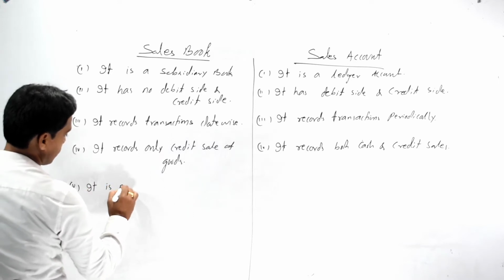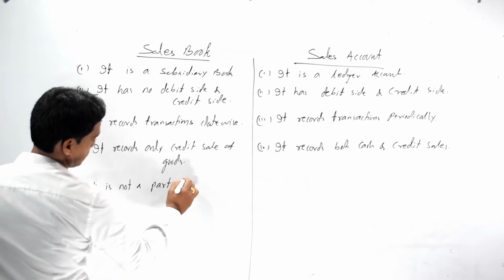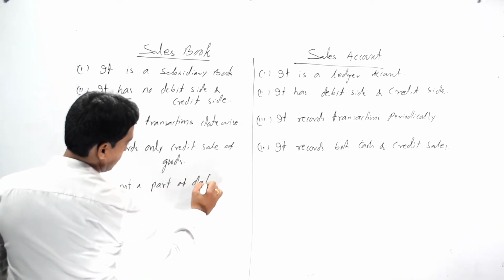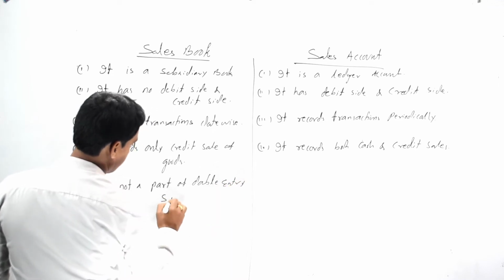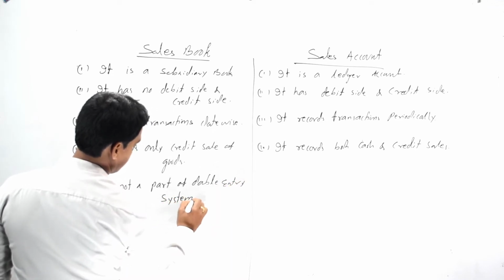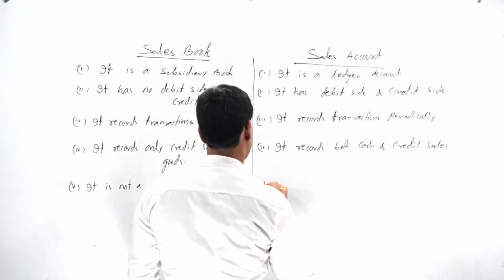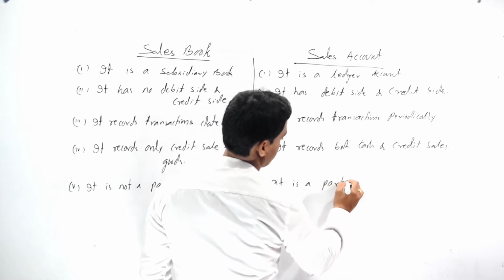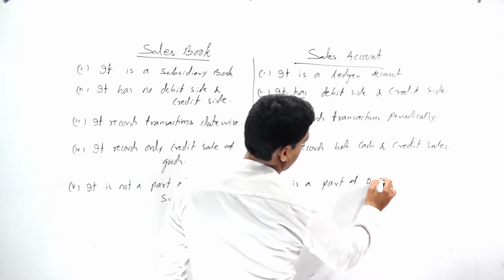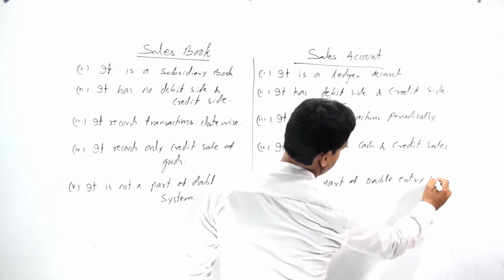Then our fifth difference is it is not a part of the double entry system, whereas our sales account is a part of the double entry system.